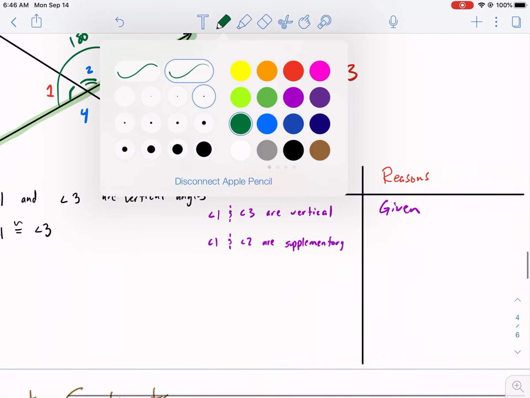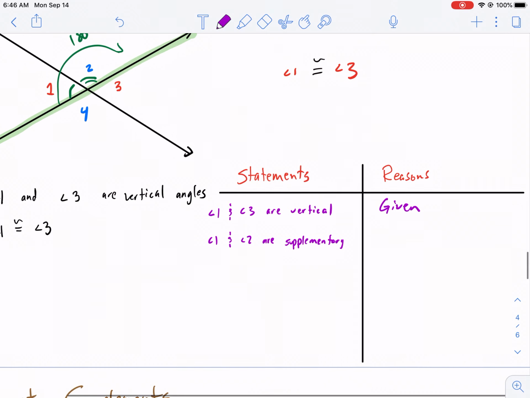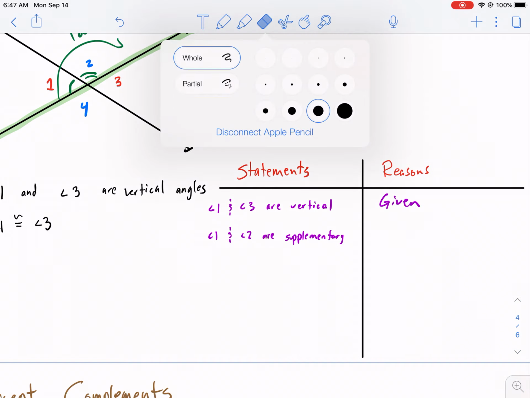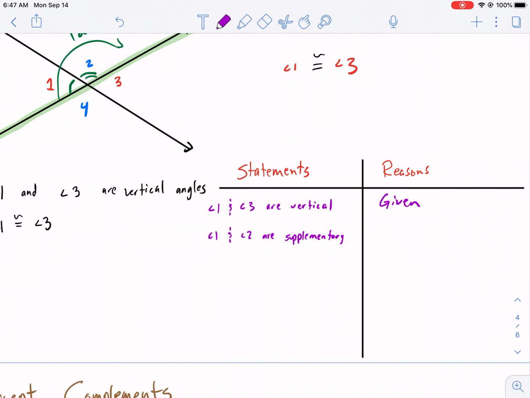Now, what is that called? Before we get to the 180 concept, I kind of jumped the gun. We know that angles that form a linear pair, and we talked about this a little bit last time, are supplementary.